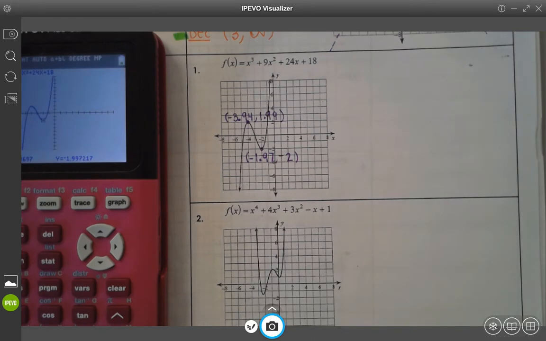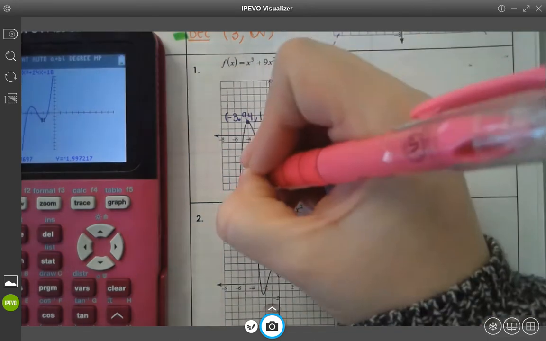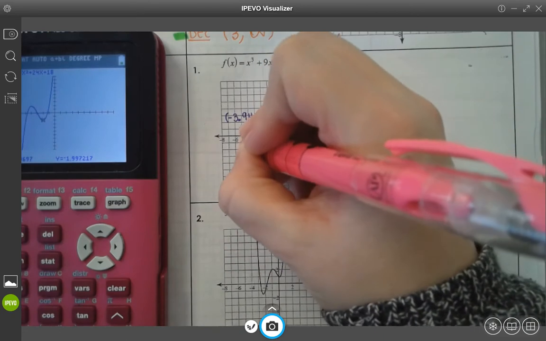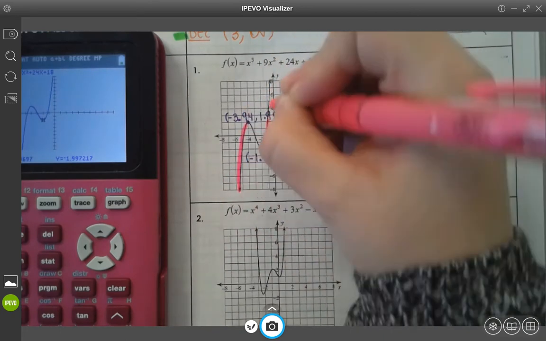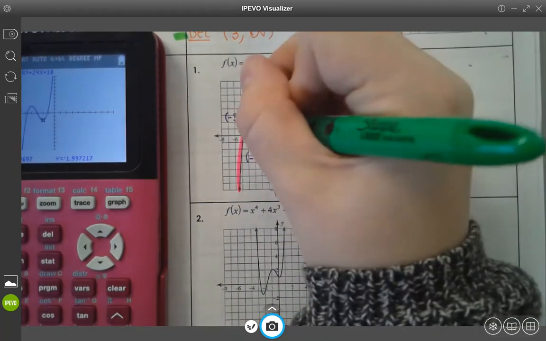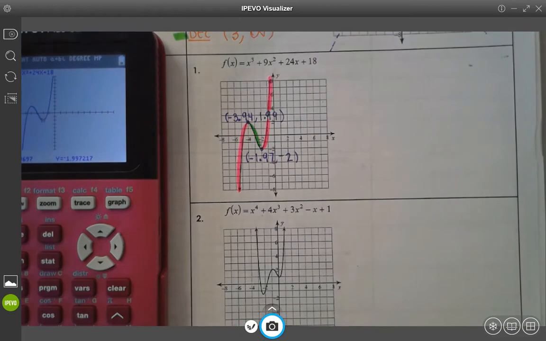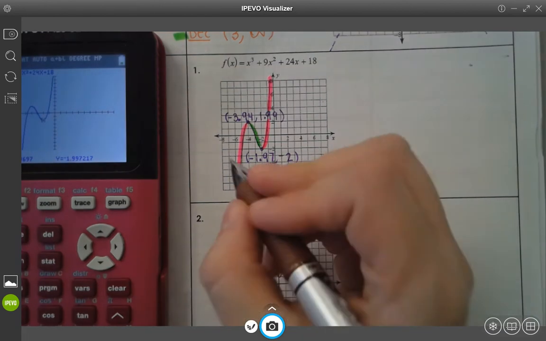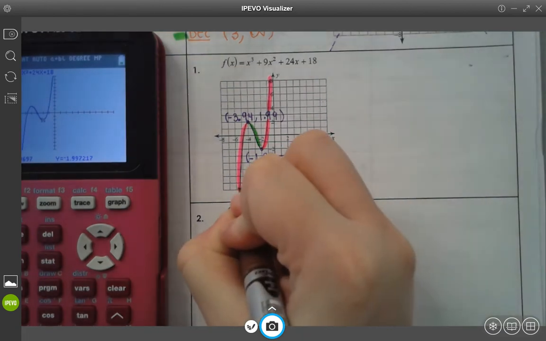Try to use the same colors consistently. And if you look, these are not points down at the bottom.